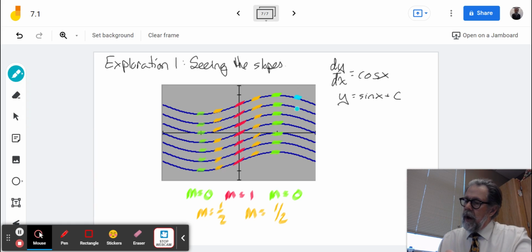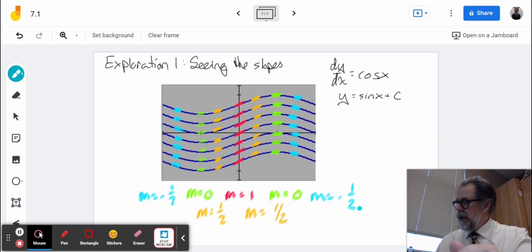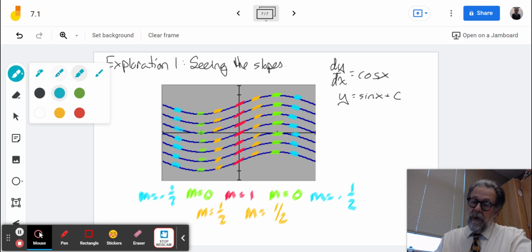Over here somewhere, we're going to have a slope of negative 1/2, and over here, that same slope of negative 1/2. So this drawing of the slopes themselves is actually called a slope field.